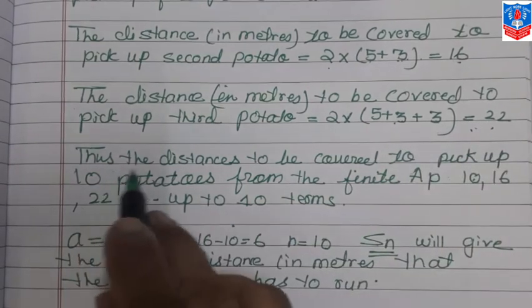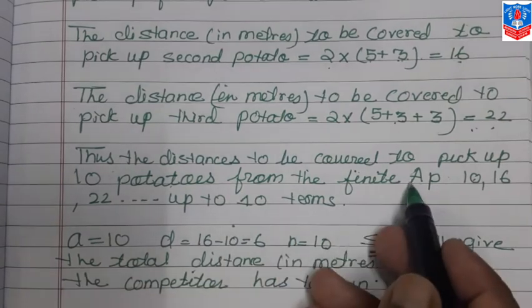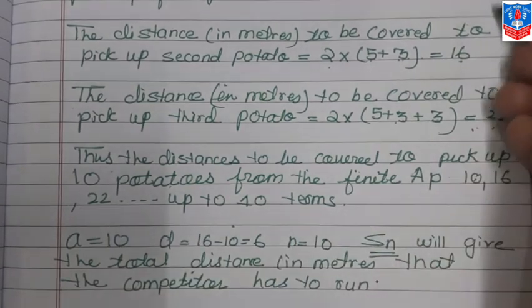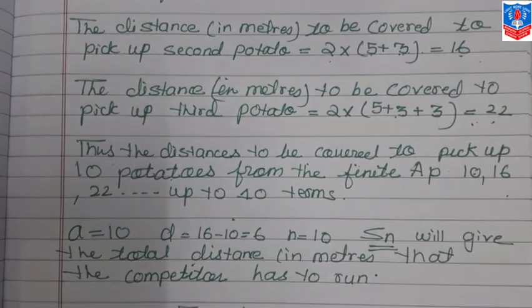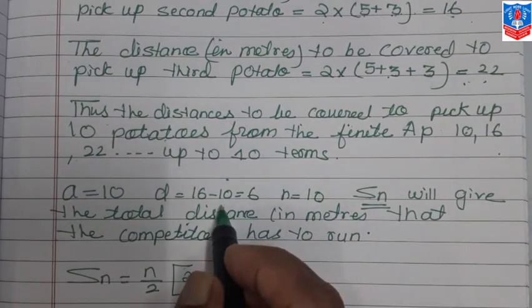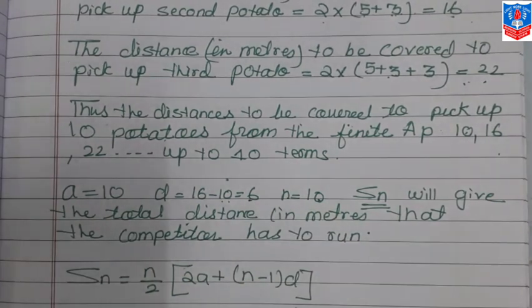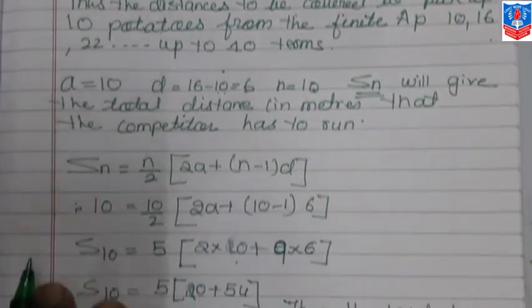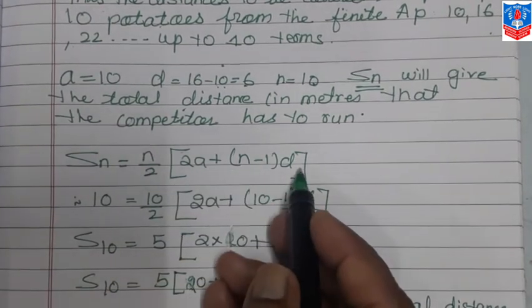Thus the distance to be covered to pick up the 10 potatoes forms a finite AP: 10, 16, 22 up to 10 terms. A equal 10, D equal, अब D क्या है? 16 minus 10, तो 6. N equal 10. Sn will give the total distance in meter that the competitor has to run. So Sn equal n upon 2, 2a plus n minus 1 into d.